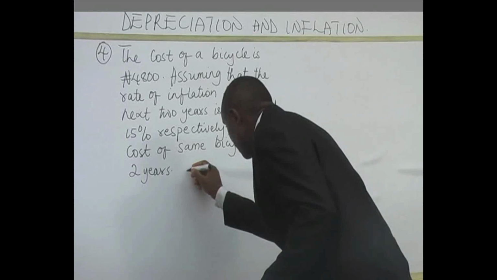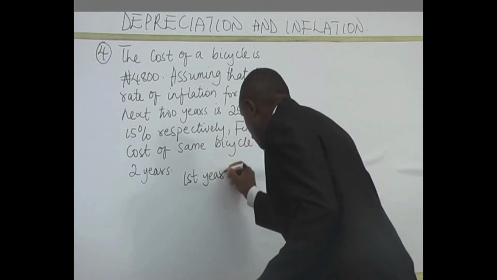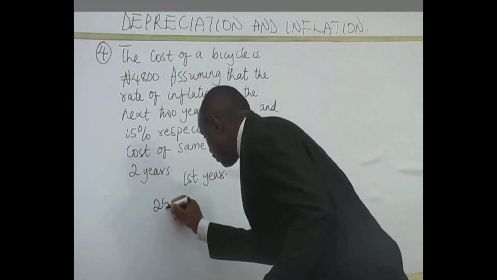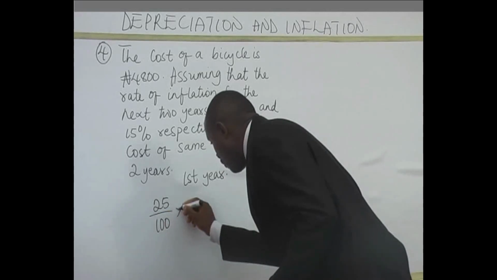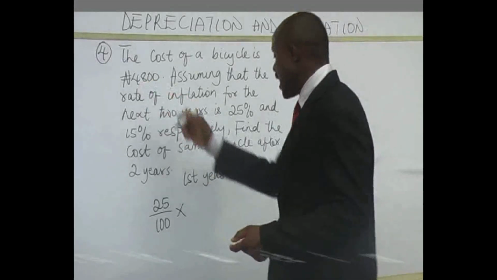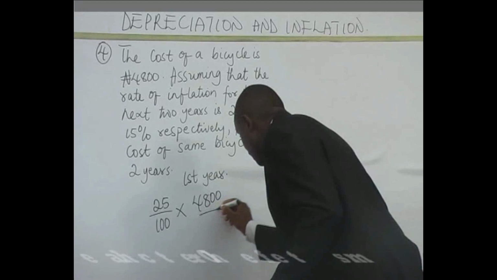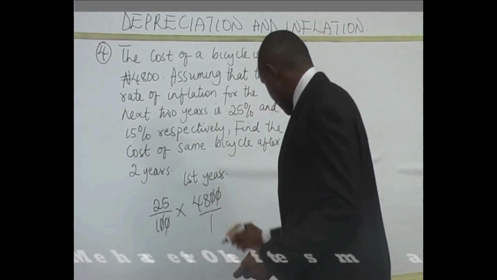So let's take the first year. In the first year there will be 25%. 25% means 25 divided by 100 of the cost of the bicycle, 4,800. You can cancel this, you can cancel this.